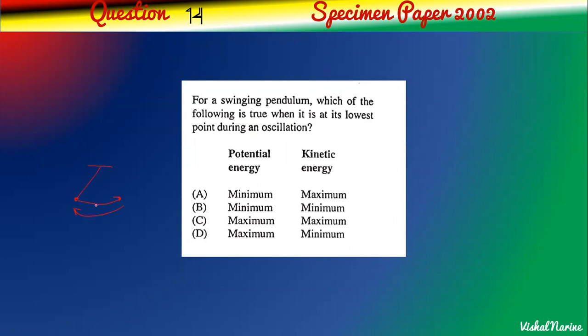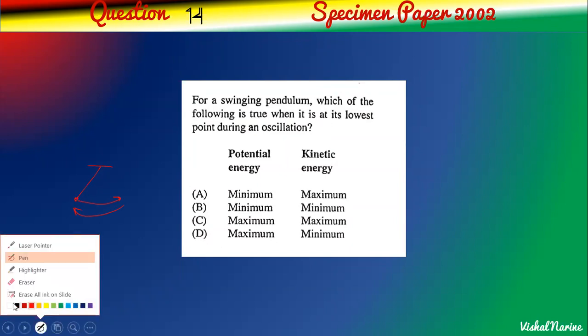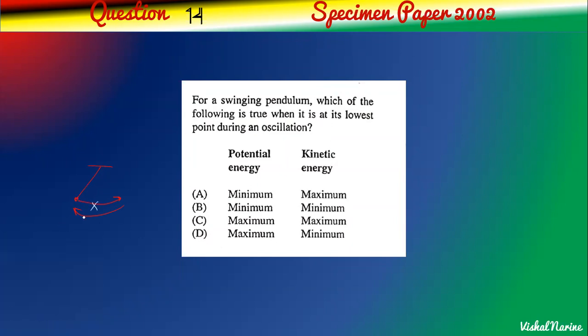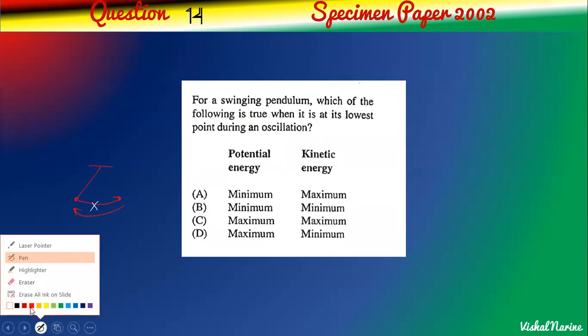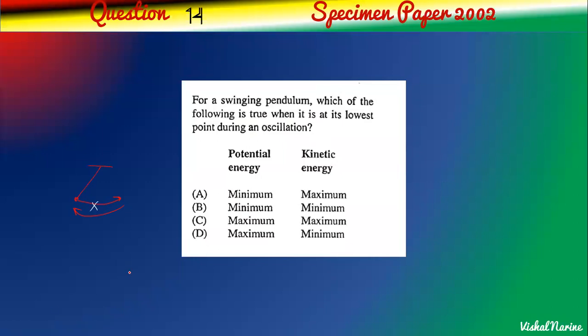The question is asking you at this point here, what is its potential energy and what is its kinetic energy? So we should expect to find that because it is lower to the ground, the potential energy is going to be minimum. So we're looking at either one out of these two here.